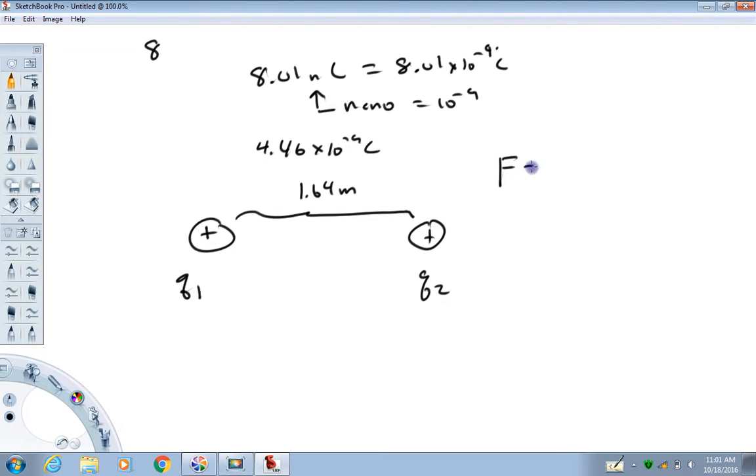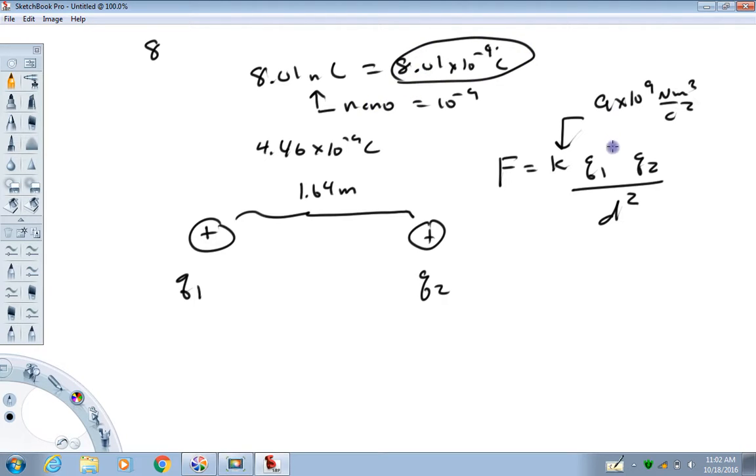Here's how it's calculated: k Q1 Q2 over distance squared. The k is the Coulomb constant, 9 times 10 to the 9th newton meter squared per coulomb squared. And then you're going to use one of your charges for Q1, use the other charge for Q2, and then divide by your distance squared.